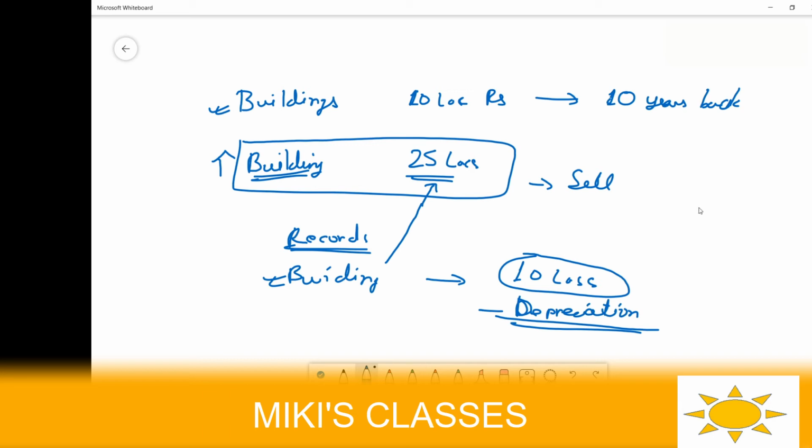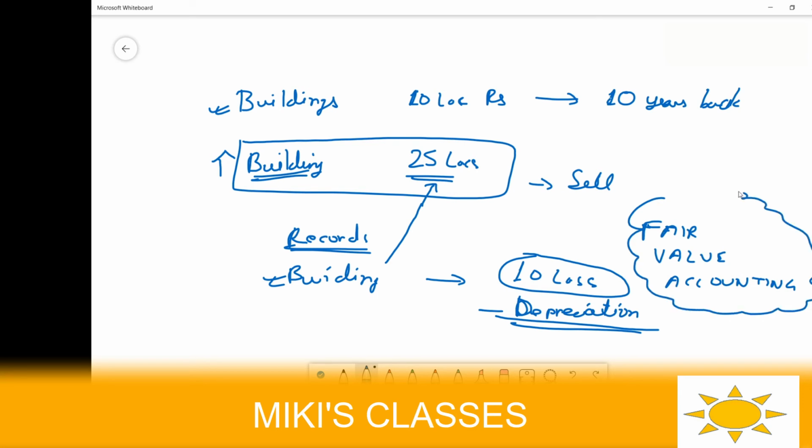So there are other forms of accounting nowadays, which is known as fair value accounting, in which the value of your asset will be changed to 25 lakhs.